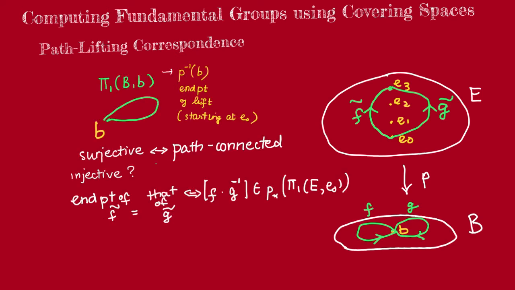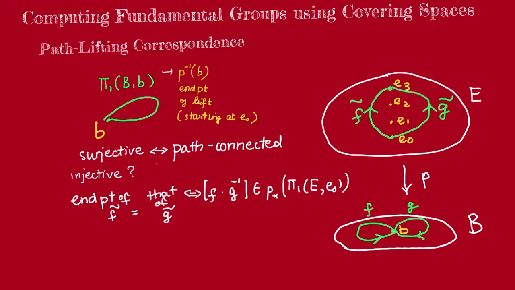So we see that the endpoint of F tilde is going to be the same as that of G tilde if and only if this loop lies in the image of the fundamental group of the covering space based at E0.